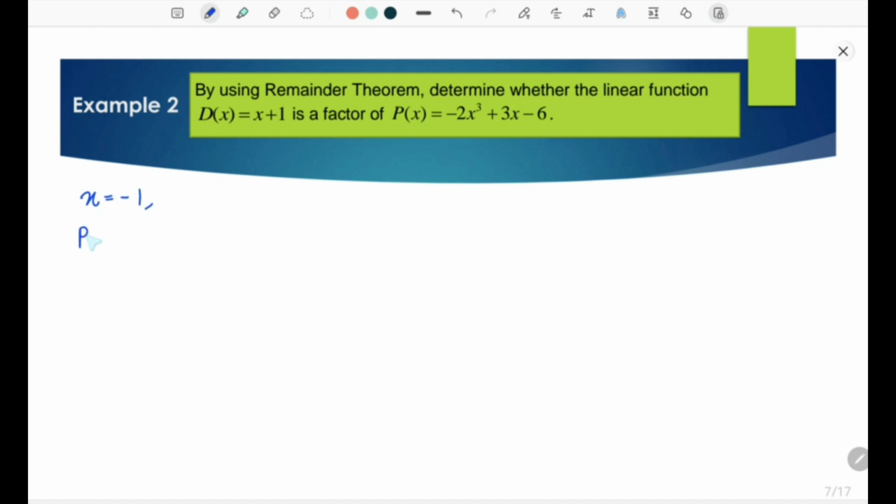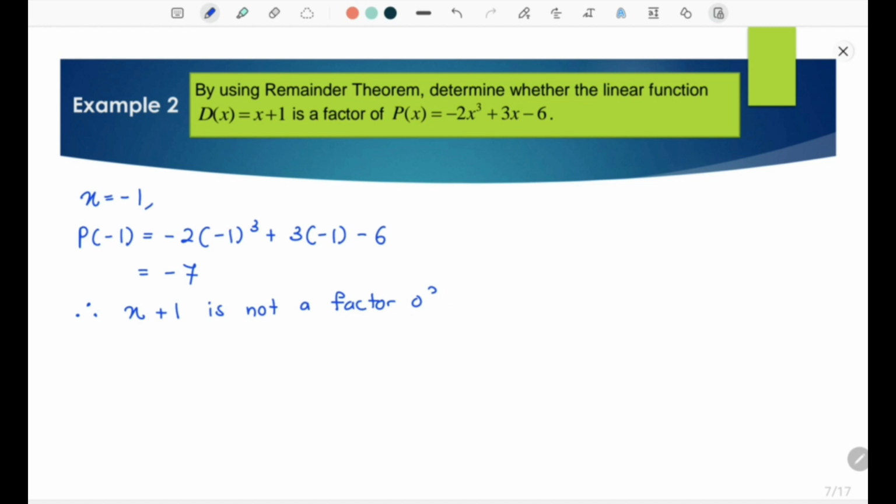So p(-1) equals negative 2 times (-1) cubed plus 3 times (-1) minus 6, which equals negative 7. Since p(-1) is not equal to 0, x plus 1 is not a factor of p(x) equals negative 2x cubed plus 3x minus 6.